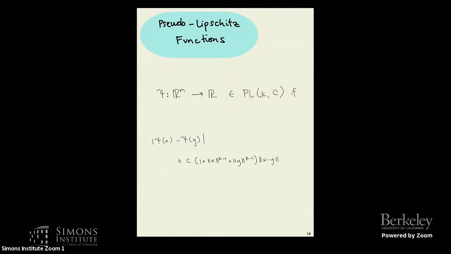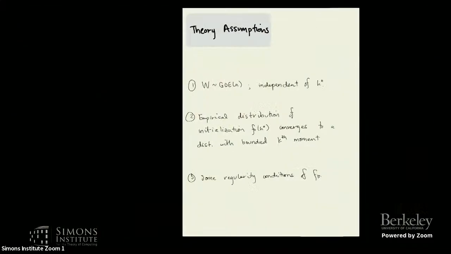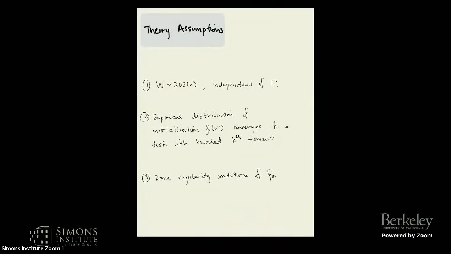I'm going to say a function psi is pseudo-Lipschitz of order k with a constant c if this property holds. Essentially a function is Lipschitz if it grows like one constant times x, and pseudo-Lipschitz if it grows like x to the k.